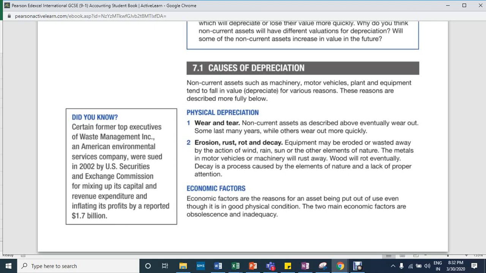The second main reason could be due to economic factors. Economic factors are the reasons for an asset being put out of use even though it is in good physical condition. The two main economic factors are obsolescence and inadequacy.